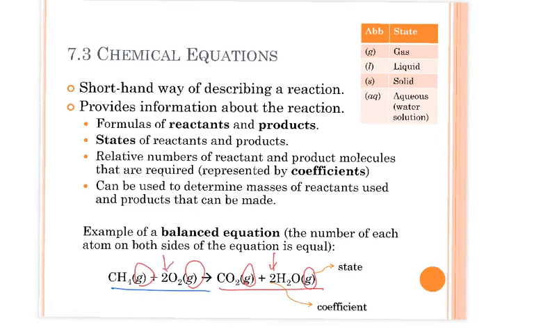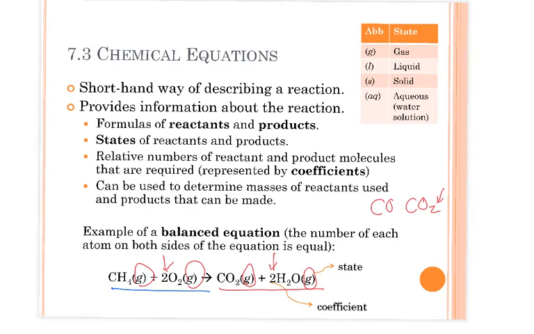We've talked about how you cannot change the subscript of a compound without changing the identity of the compound. And we've seen how carbon monoxide and carbon dioxide have completely different properties. So we can't change the subscripts, but we can add coefficients because we need to have an equal number of molecules on the left side to the right side.